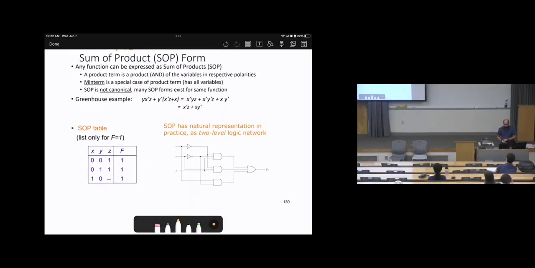Again, sum of products. The good part of sum of products, when we manipulate this into the terms, is that it will be as AND gates with one OR. Right? That's what we talked about in the past.